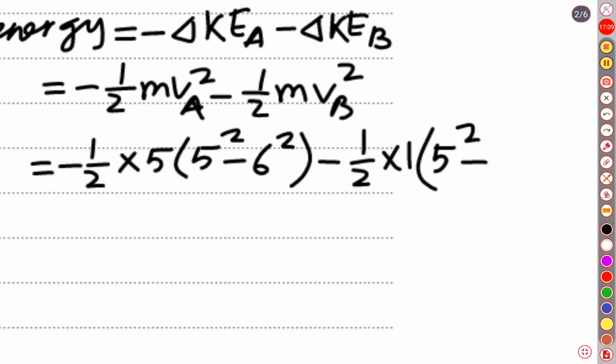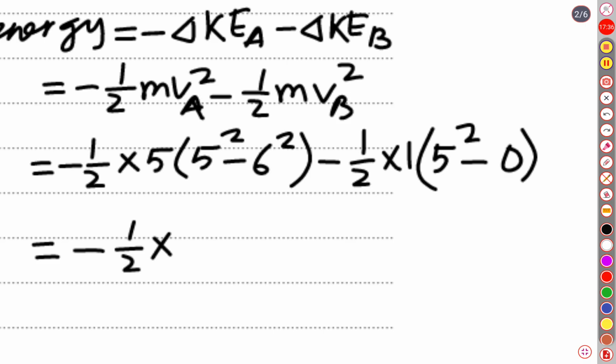The initial velocity of particle B was 0, because all the particles were initially at rest. So it is going to be negative half into 25 minus 36.